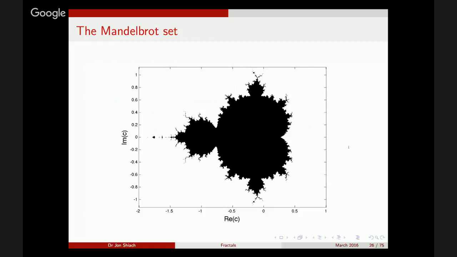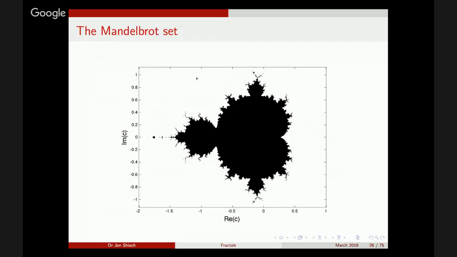So here I have the plot of the Mandelbrot set. Across the horizontal axis, my real number part goes from minus 2 to 1. And the imaginary number part goes from just below minus 1 to just above plus 1. So for each point in this domain, we go through that iterative process.